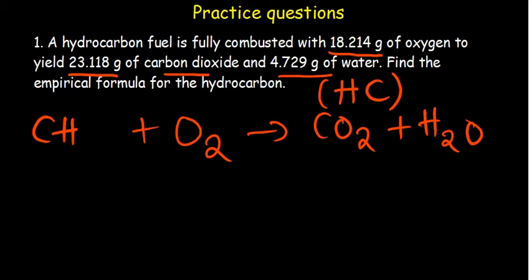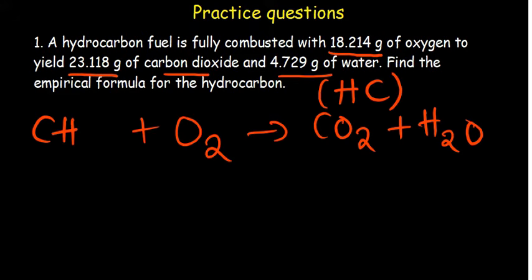So this is the reaction that we have. We're burning our CH, which is the hydrocarbon, in oxygen to give us carbon dioxide and water. Now what are they saying? The hydrocarbon fuel is combusted with 18.214 grams of oxygen to yield 23.118 grams of carbon dioxide and 4.729 grams of water.